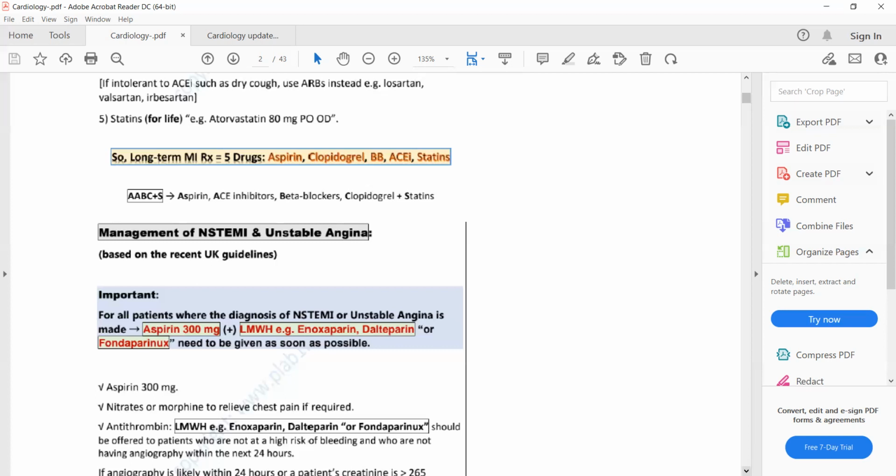Any of them can be given. There is no role of primary PCI within 12 hours of the onset of the symptoms in the management of non-ST elevation MI and unstable angina.